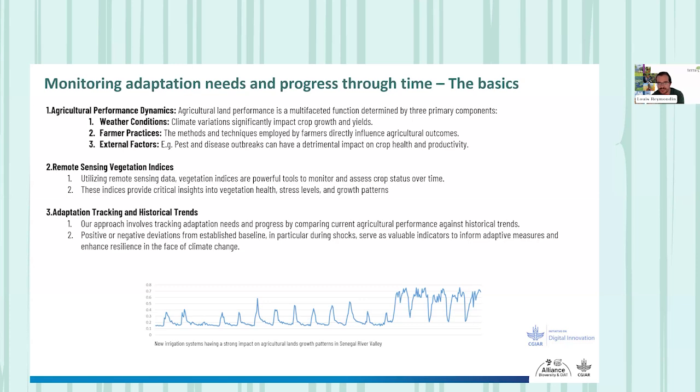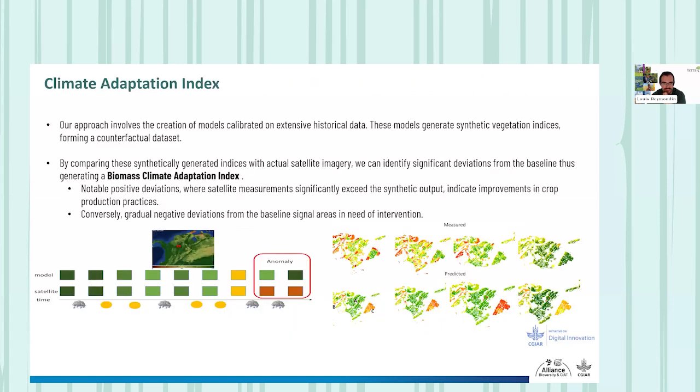And see if we have better results than what the model predicts, or even worse results than the model predicts, and be able more or less to see what the status of those crops is in terms of response to shock, and thus how they're going in terms of adaptation to climate change.